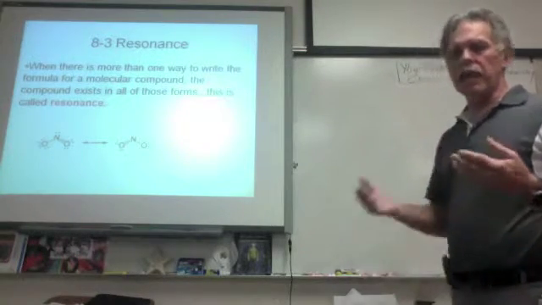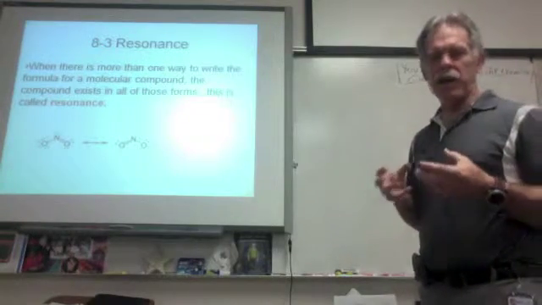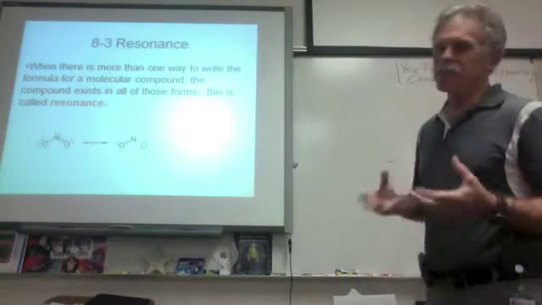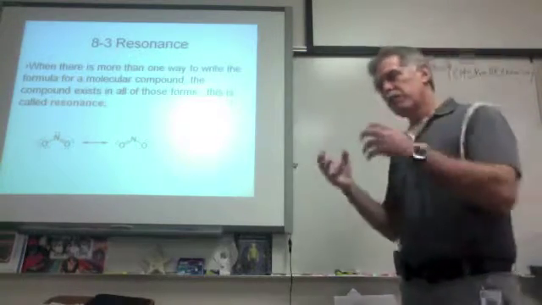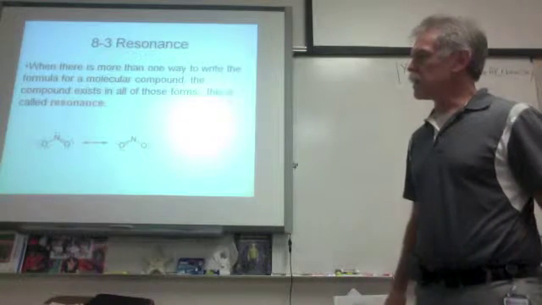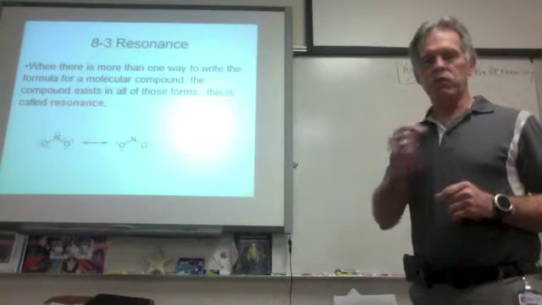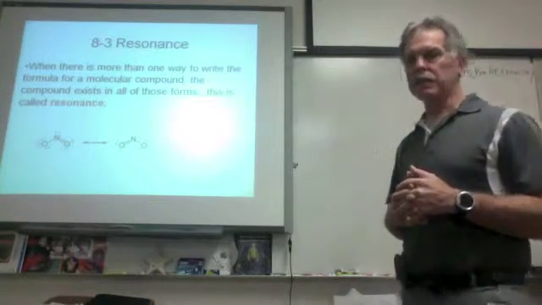You think of resonating as alternating back and forth or vibrating. Well, that's to some degree oversimplifying, because it doesn't clunkily vibrate back and forth, but the electrons move smoothly into the multiple forms that it can exist as.